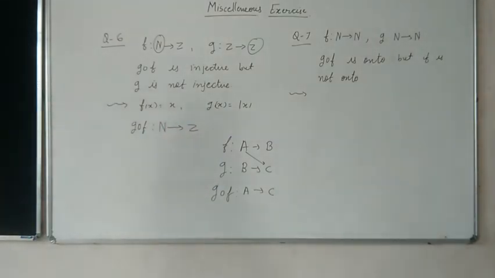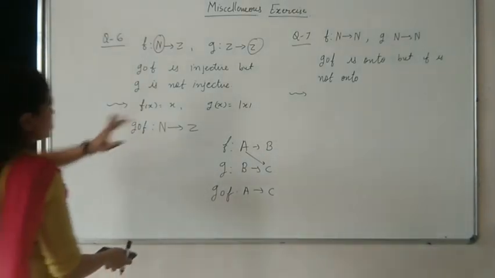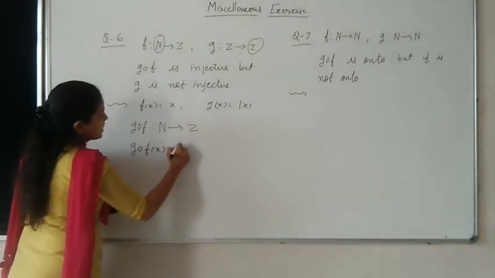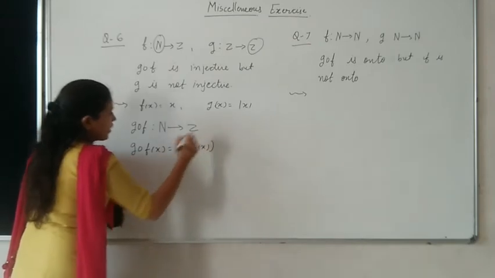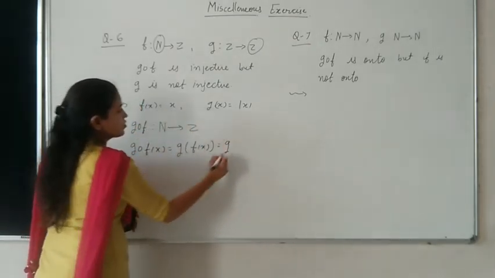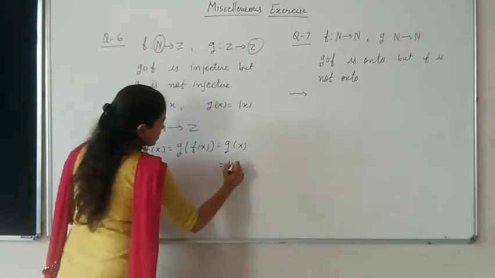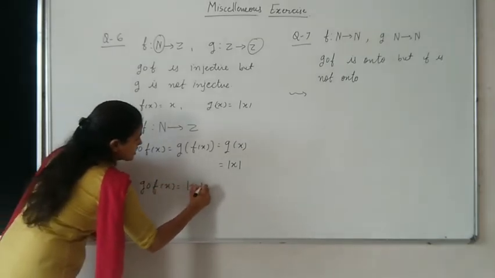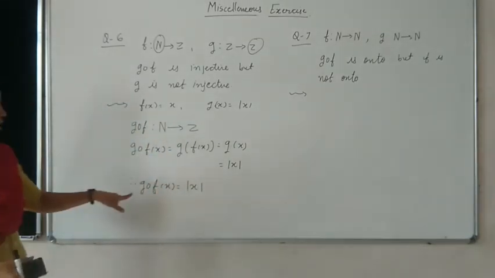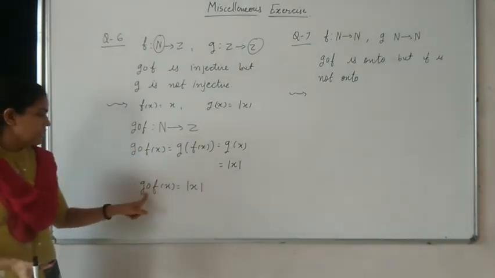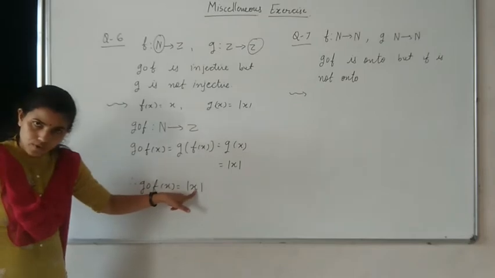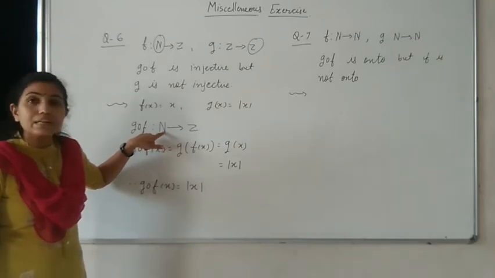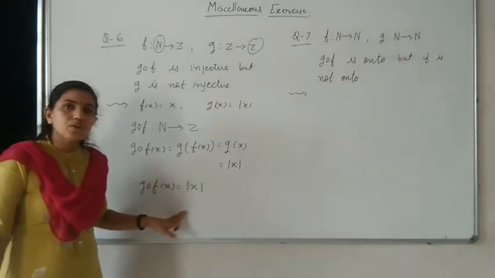G composition of f is a function from N to Z and it is defined as g composition of f of x equals g of f of x. Here f of x equals x and g of x equals modulus of x, that is, g composition of f of x equals modulus of x. Now here students, it is clear that as x is coming from the set of natural numbers N, obviously it will be 1-1.